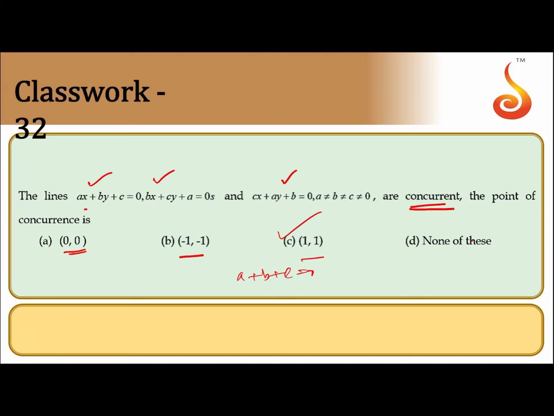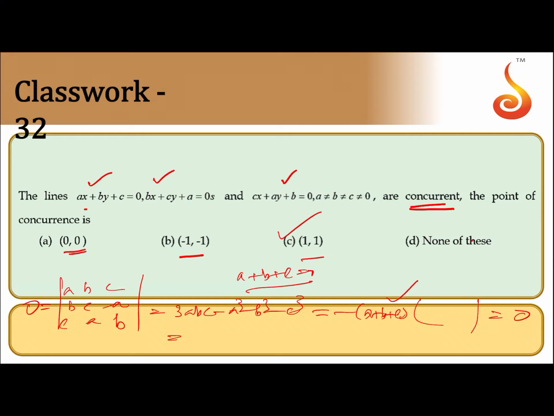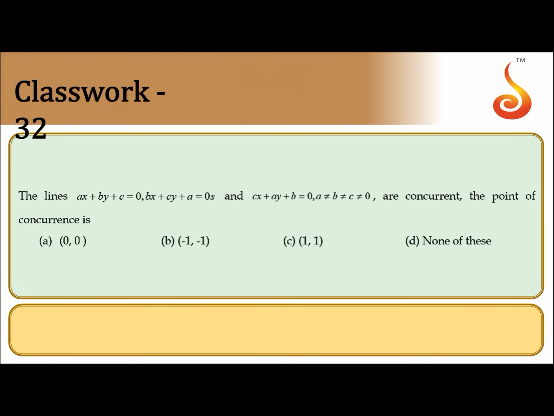Yes, because none of the other cases is there, and you can check once, ABC, BCA, CAB. When you expand this, you'll be getting 3abc minus a cube minus b cube minus c cube, which is actually minus of (a plus b plus c) multiplied by the remaining factor. And of course, this determinant is equal to 0. This equals 0 means a plus b plus c equals 0, one of the conditions exactly satisfying. So the answer is C. Clear?